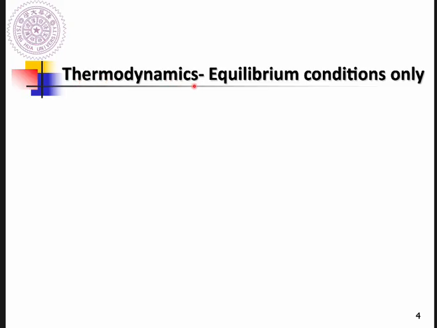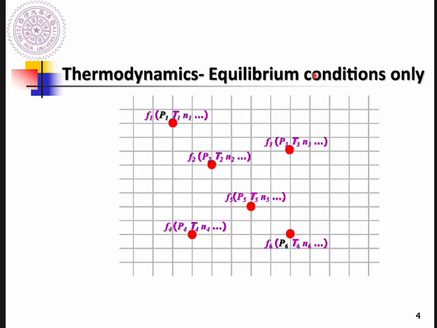Thermodynamics always talks about equilibrium conditions only. So any state, any state of an object discussed in thermodynamics, is always an equilibrium state (equilibrium conditions only). So I'm giving you an example here.